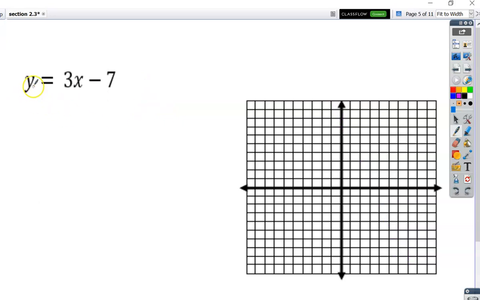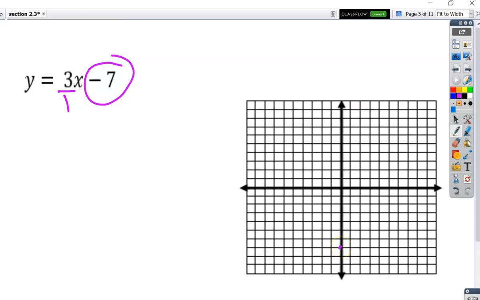For the third example, we have y equals 3x minus 7. So it looks like there's nothing given to us for how far we should go over, but remember, we can multiply or divide any number that we want by 1. So this is really like 3 over 1 for our slope. So we still start at our y-intercept, which is -7.